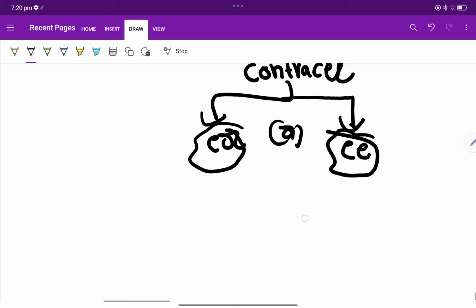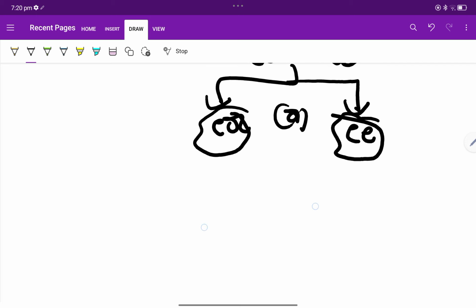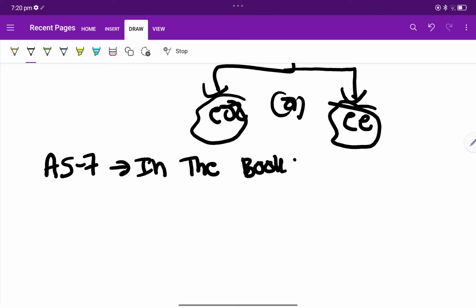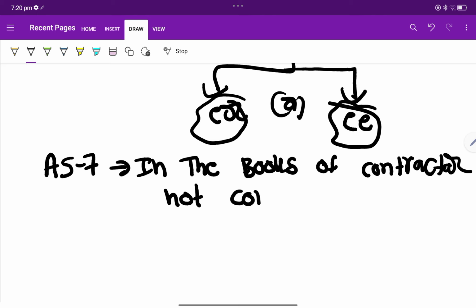Say yes or no. No, AS-7 is applicable in the books of the contractor only, not the contractee.